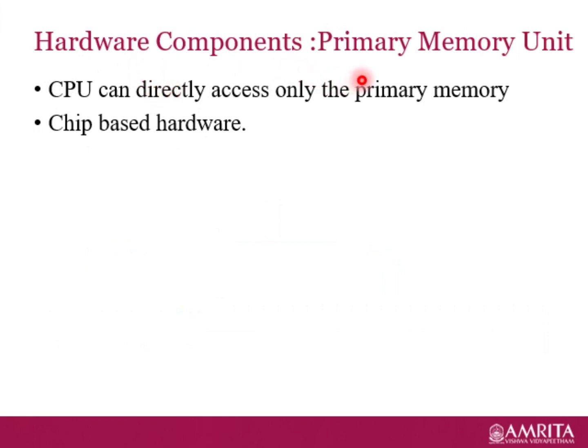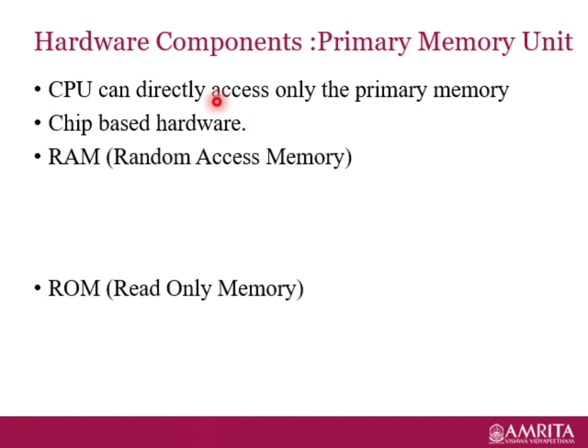First, we can have a look at the hardware components of the primary memory unit. Previously itself, while explaining the functional unit diagram, I clearly mentioned that the CPU can directly access only the primary memory. It is a chip-based hardware, and as mentioned, RAM and ROM are the hardware components of a primary memory unit.